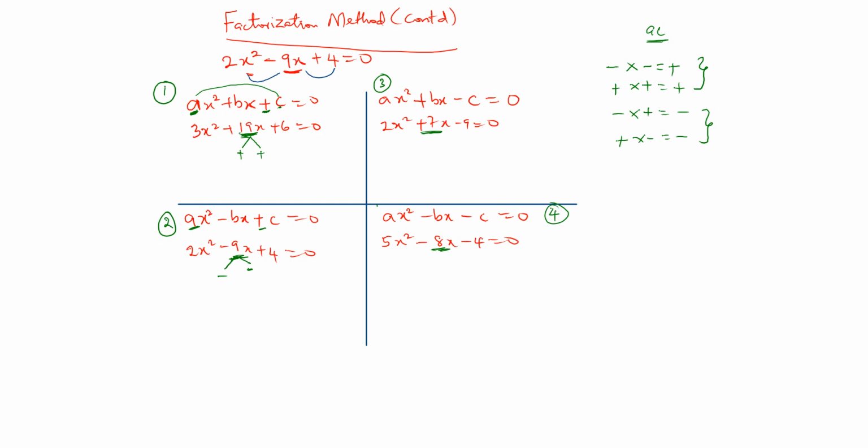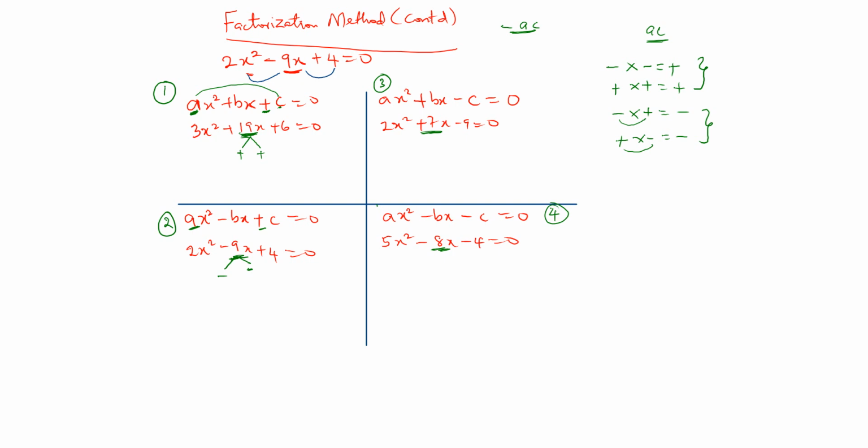Then for case 3, you need to motivate the student to find out that in this case A multiplied by C will be negative, so we are going to have minus AC. To arrive at minus AC, we must multiply two different signs together, that is minus times plus, or plus times minus. So which one will be which? One thing we need to know here is the sign of the greater of the two.